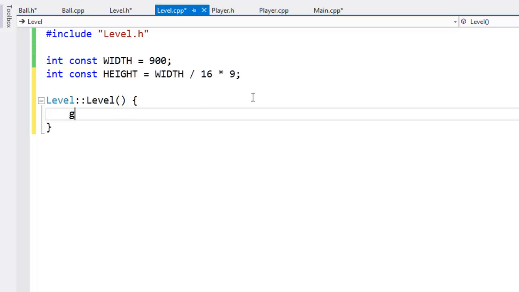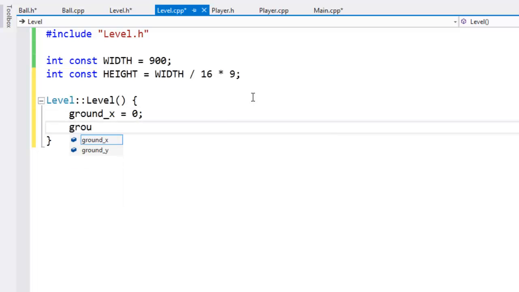So we have our ground x, set it to 0, which is the left side. So that should make sense, hopefully. And ground.y should be equal to 40, just because, once again, it's preference.